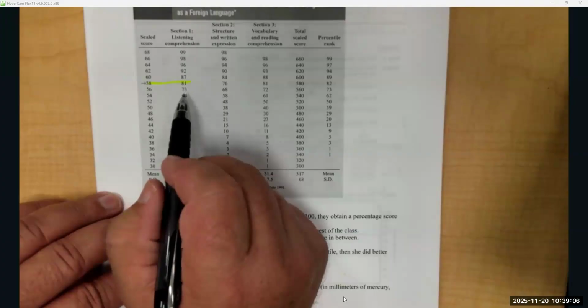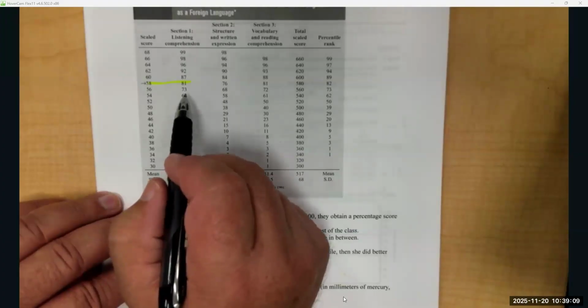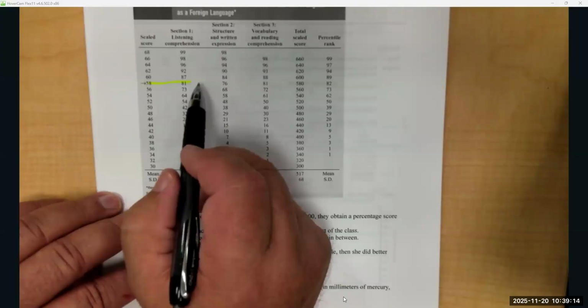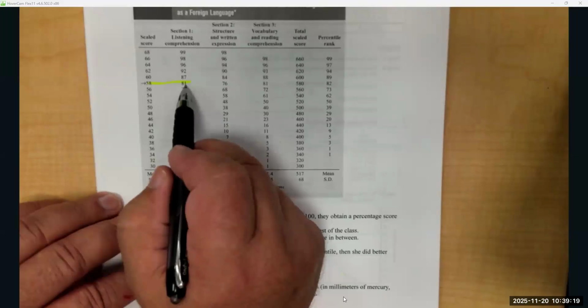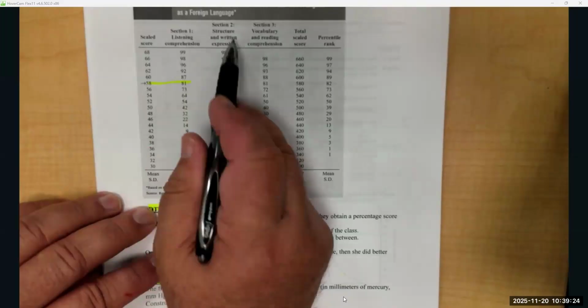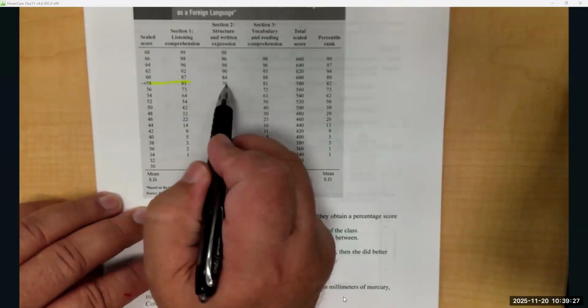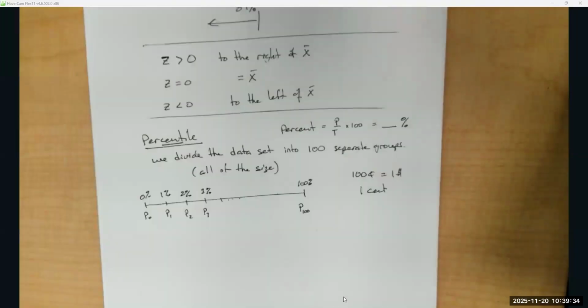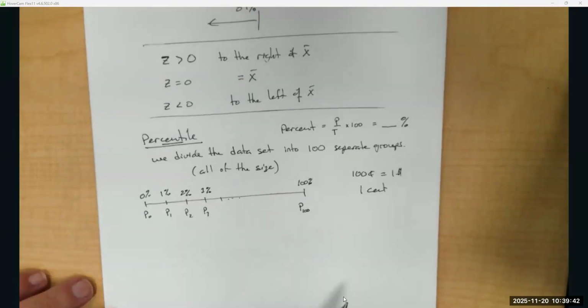It means that you scored higher than 81% of the other scores in section one. In section two, you scored higher than 76% of the other people. That's how you read these percentile scores. When you get your SAT score back, you look at your percentile score. That tells you how many people you're higher than.